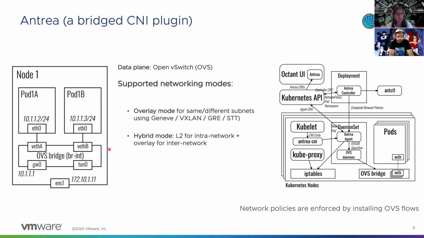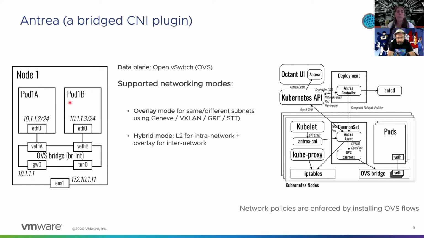Quick interruption: when we talk about flow tables, Open vSwitch is the backend for Antrea, and Open vSwitch is based on these flow tables. That's the whole way you architect a network in Open vSwitch, compared with what Calico is doing in the last slide with just using BGP for the routing. I just wanted to repeat that.